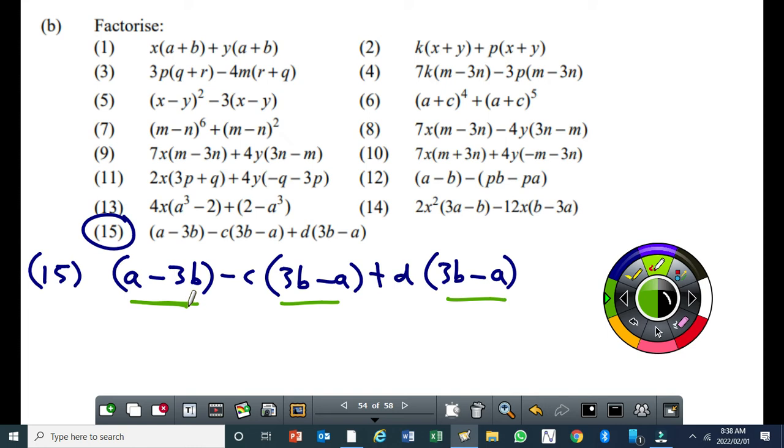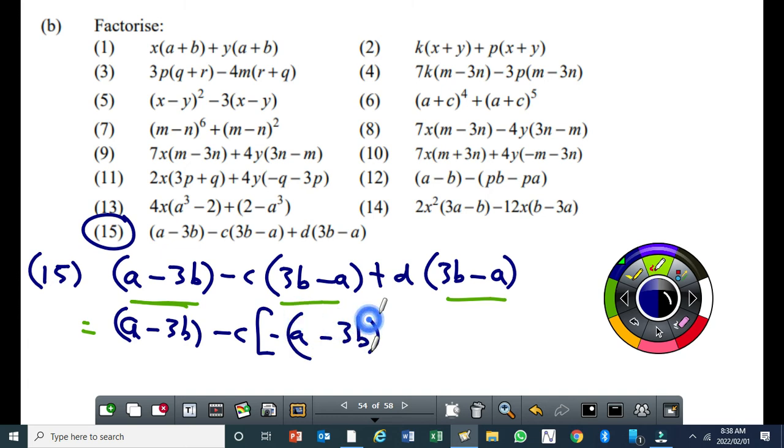Right, so let's start with method 1. First thing, I'll rewrite that: a minus 3b minus c, then I'm going to open a square bracket there. By now you should understand that if I switch the minus a and the positive 3b and factorize, I'll get minus a, open bracket, minus what? 3b. You should understand that by now, after what I explained there.